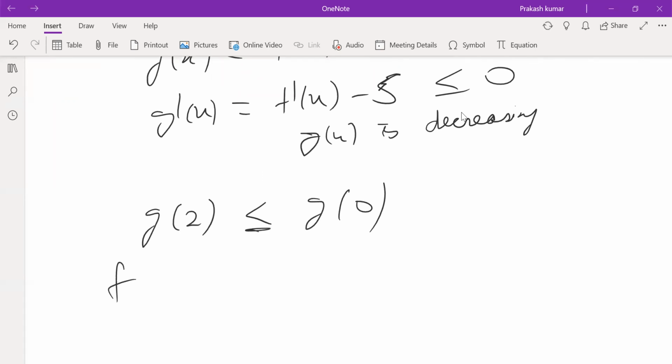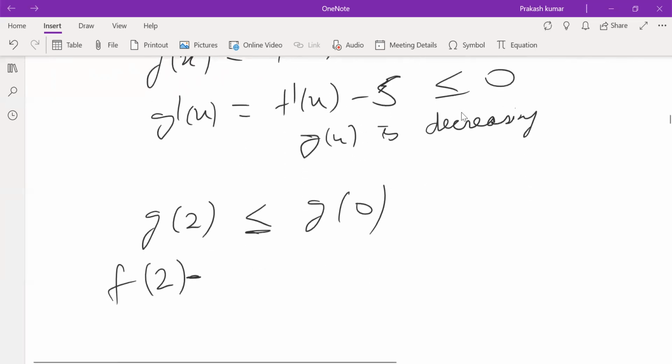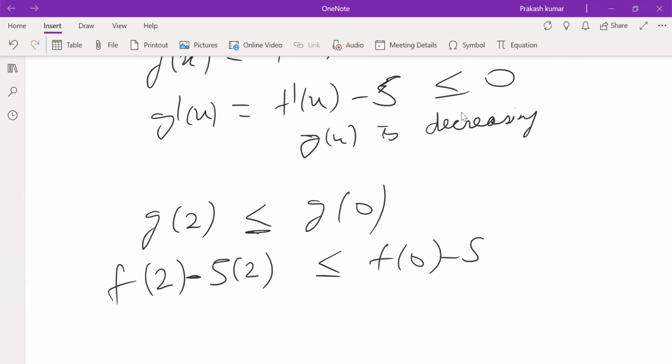So f of 2 minus 5 into 2, because the function is 5x, is less than or equal to f of 0 minus 5 into 0. So from here, f of 2 minus 10 is less than or equal to minus 3 minus 0.